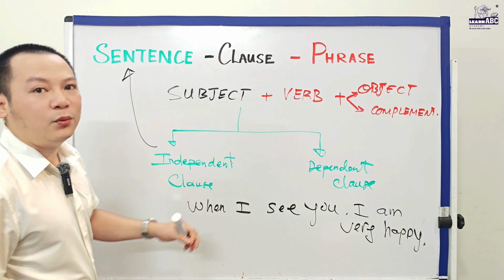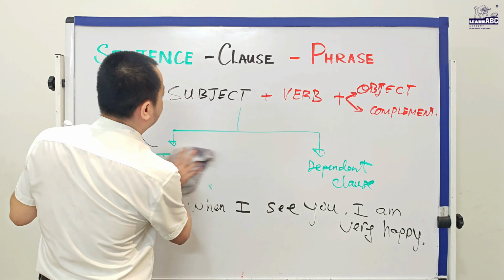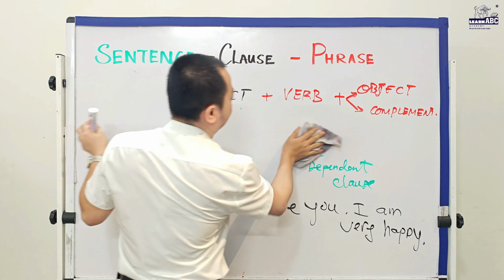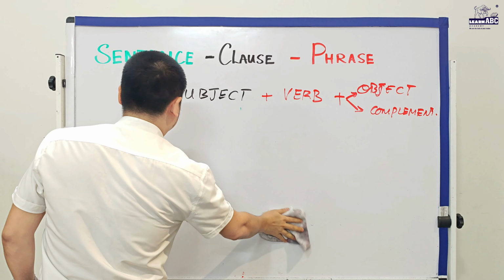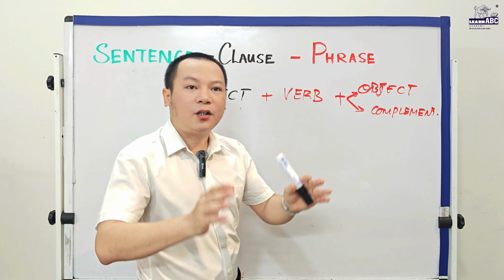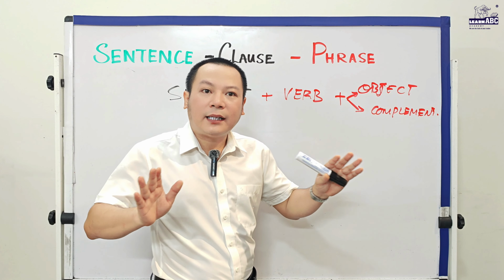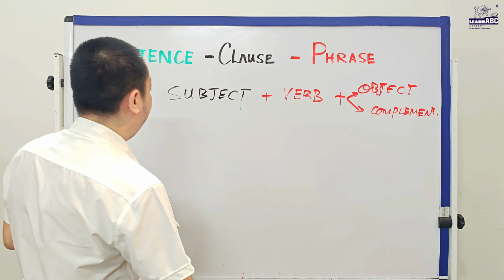Now let's come to phrase. What is a phrase? A phrase is also a group of words, but it does not have a subject and verb combination. So we call it a phrase. Let me give you an example.